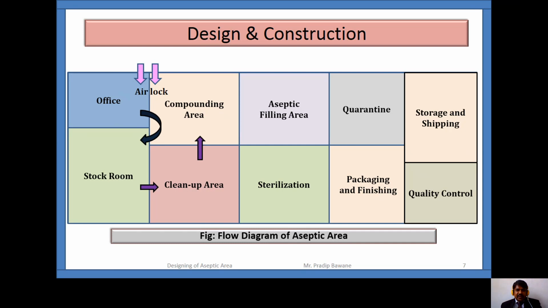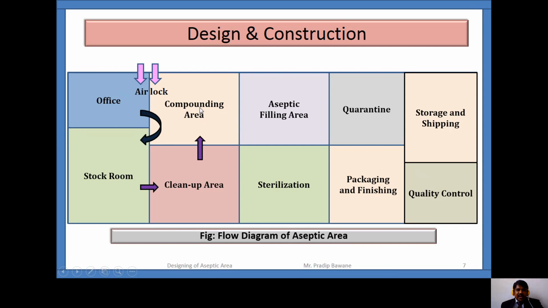For example, you can enter into the compounding area where the weighing and compounding of material takes place. This compounding area is quite different from the aseptic area. It is not provided with that much control as compared to the aseptic area.